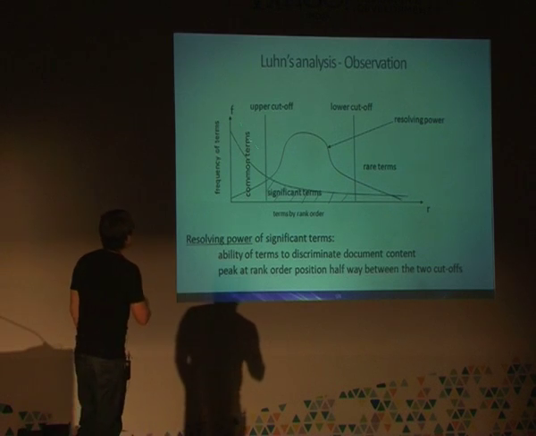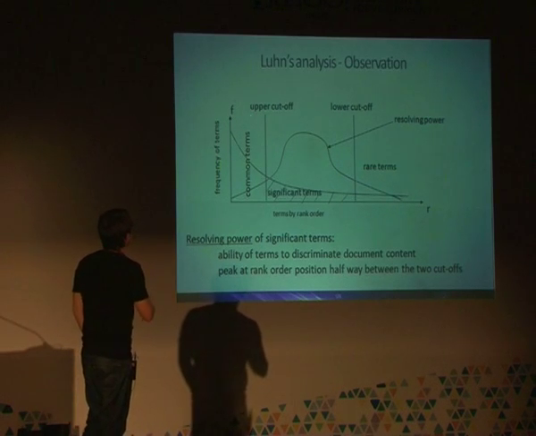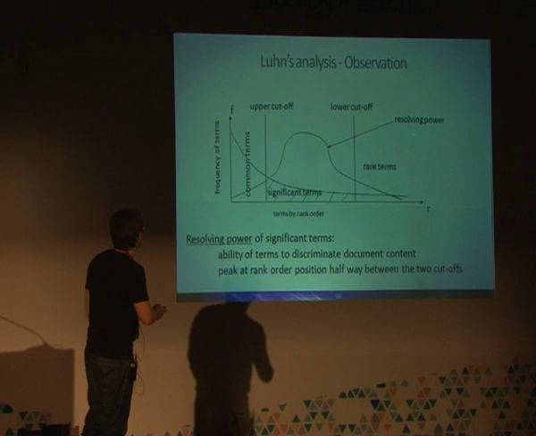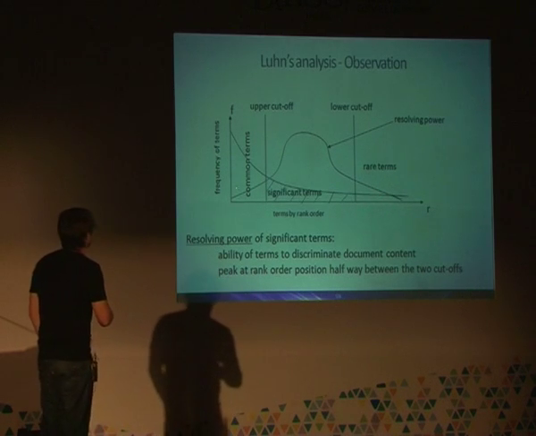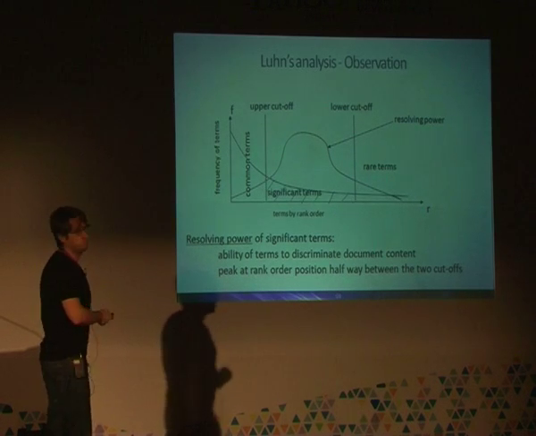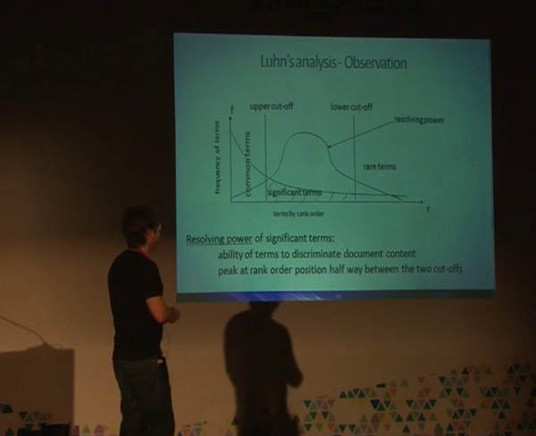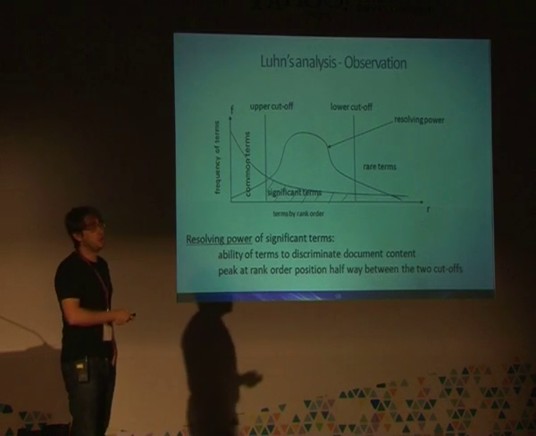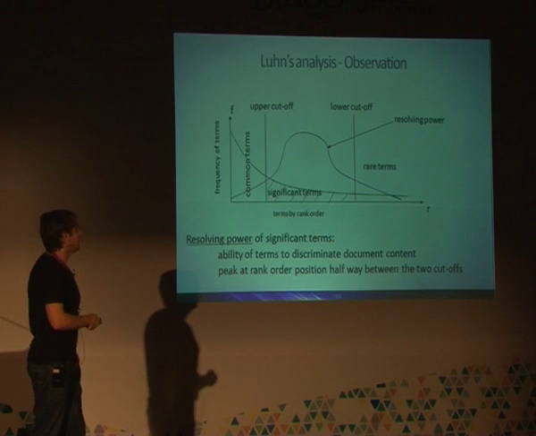And what it says is that you have the Zipfian distribution here. You have very common terms here, and you have very rare terms here. This is called the head, this is called the torso, and this is called the tail. The terms you actually want to pay attention to are here. Very common words, you don't care about them. And he's also saying that very rare words, you shouldn't care much about them either.